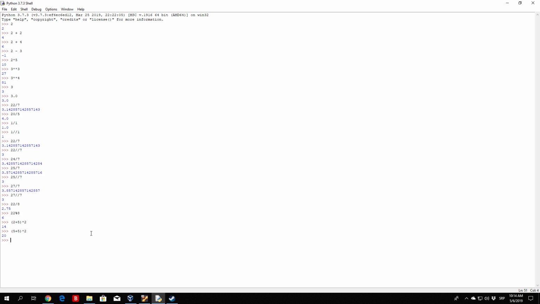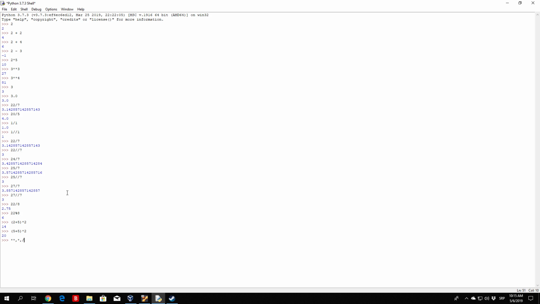But right after the brackets, if you wanted to perform something that didn't have brackets, the precedence comparison would be something like this. The biggest precedence would have the exponent, which is these two stars right here. Then after the exponent goes the multiplication. After the multiplication goes the division with a single slash, which we know will give us a decimal value.